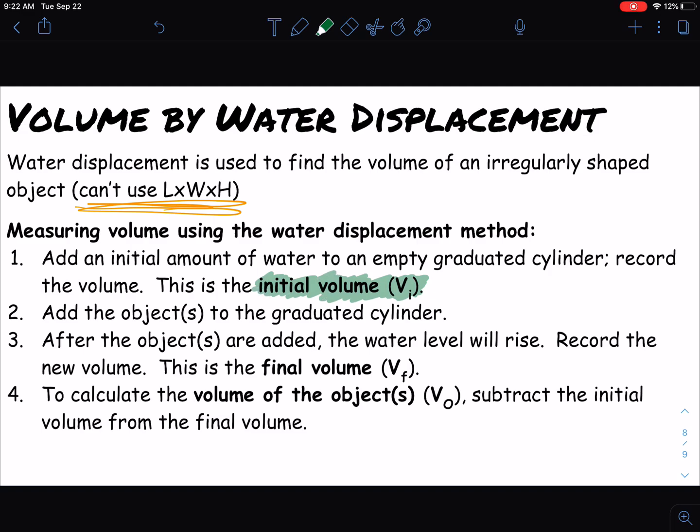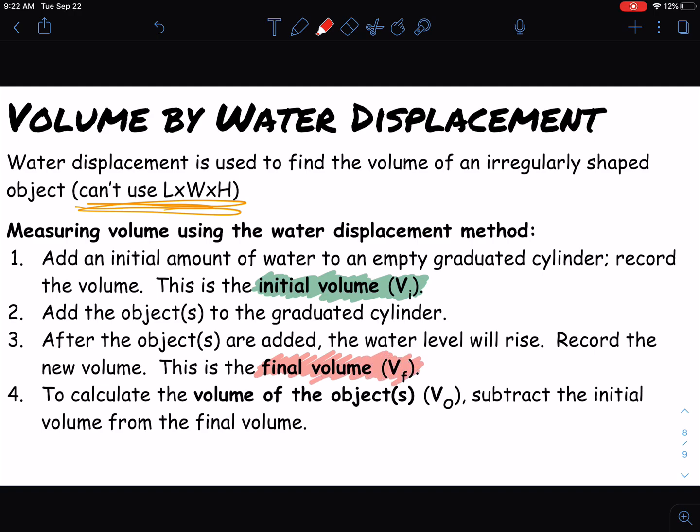Then you will add the objects to the graduated cylinder. After you add the objects to the graduated cylinder, you will see the water level rise. You will record this new volume. This new volume, let's go with red, will be your final volume. That's the VF.